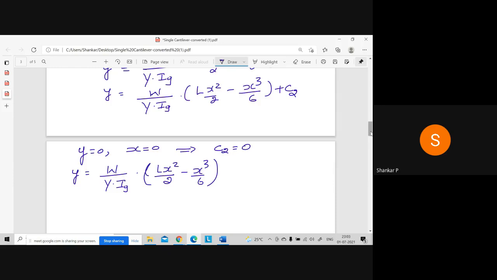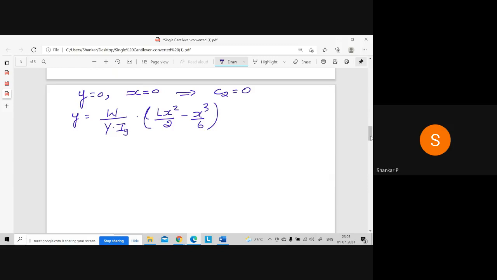Now, on the right hand side, within the bracket, we can take LCM for this and simplify this. So we can write it as w by Y Ig, so it will be 12 in the denominator, and it will be 6 L x square minus 2x cube.